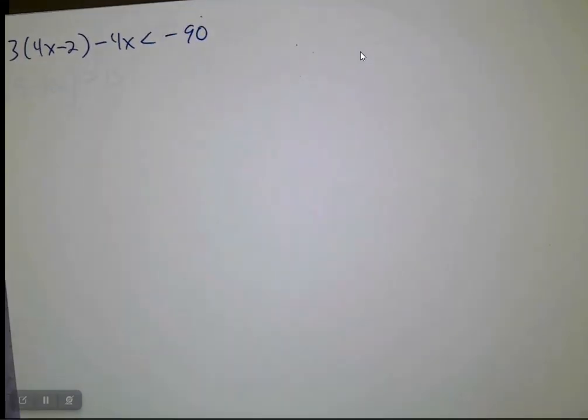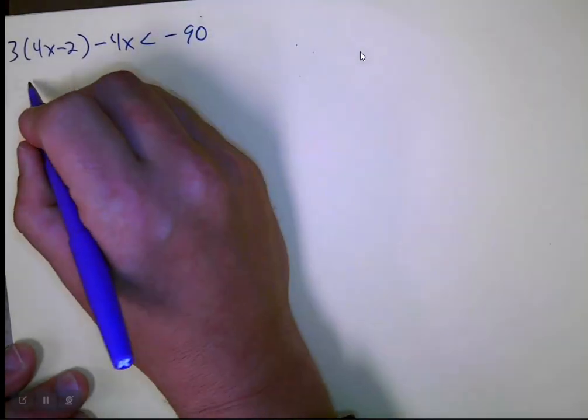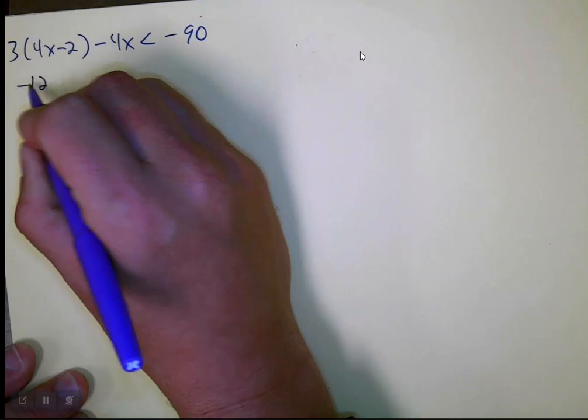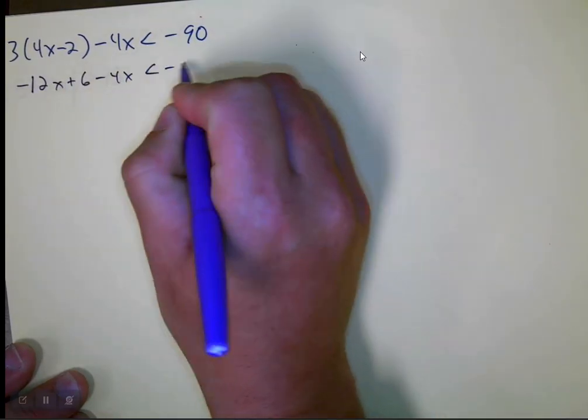Okay. Now, if you don't remember how to do this from advanced algebra 2 or algebra 2 or geometry, we'll go through it pretty quick. So remember, the rules about inequalities are true, you just flip the sign only if you multiply or divide by a negative. So for this one right here, first thing we're going to do is distribute. So you got negative 12x plus 6 minus 4x is less than negative 90.